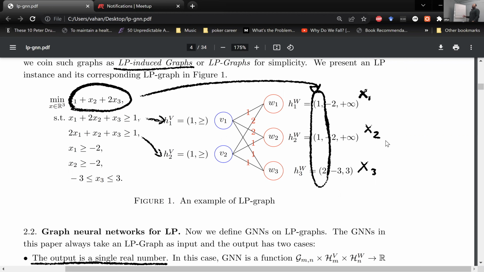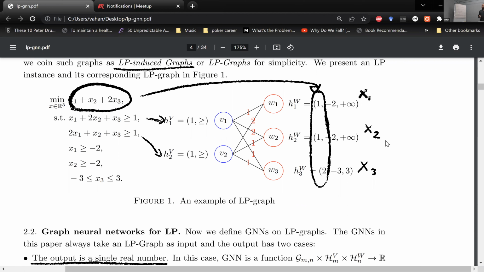If you look at their example, the first one says x1 plus 2x2 plus, so this would be x1, x2, x3. In our case, this doesn't exist. And then you would have constraint 1, constraint 2, and you would say x1, x2, x3 all appear in here. Actually, now this becomes fully connected because they're all connected.